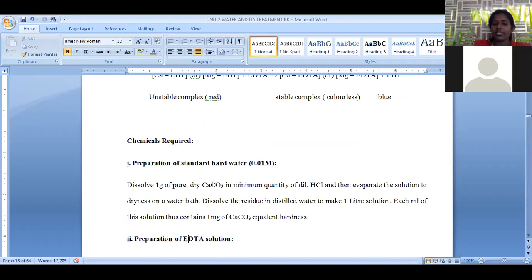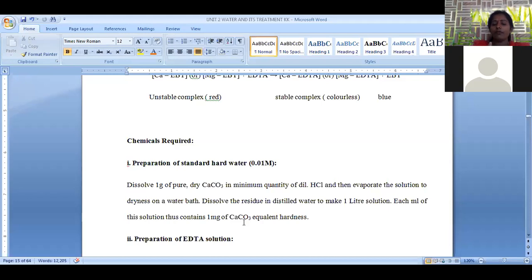Initially, calcium carbonate is water insoluble and doesn't cause any hardness, but when it is added with dilute HCl and boiled to evaporate, in the sense that no liquid should be present, we have to boil this mixture till the total liquid is evaporated. When it is boiled, the water insoluble calcium carbonate is converted into calcium chloride. The residue in the beaker is made up to 1 liter by the addition of distilled water.